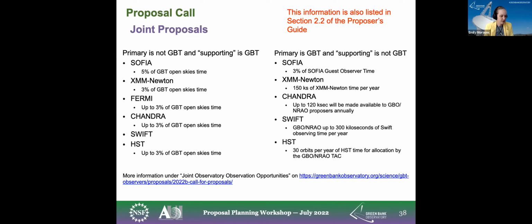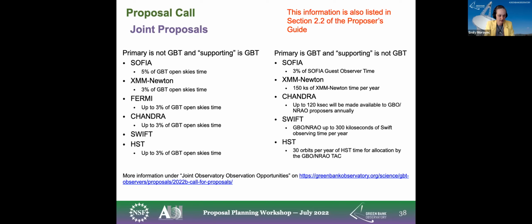But then you can also submit to the GBT as the primary, and the supporting is not the GBT, it's a different one. There are different allocations of these other telescopes that you can ask for supporting data from. So what you get is the primary, and then you can also request the supporting type.